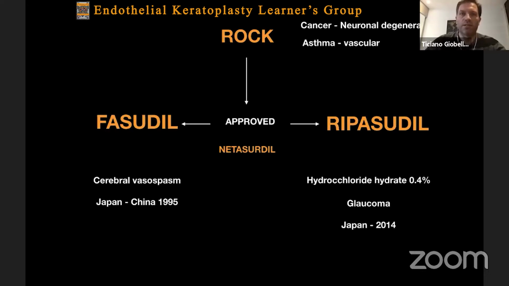Ripasudil has been approved for use in glaucoma, for reducing intraocular pressure, in Japan since 2014. And the last one approved was netarsudil in the United States in 2017.